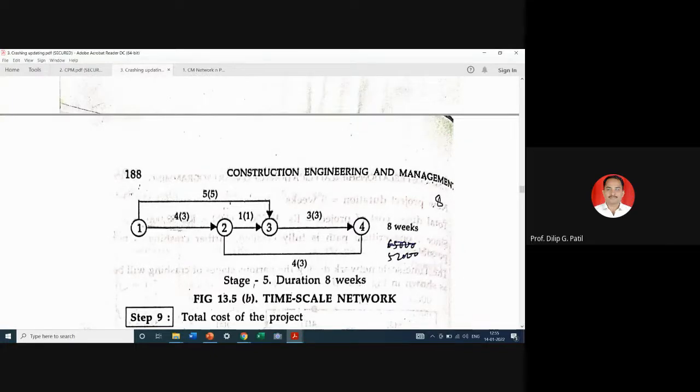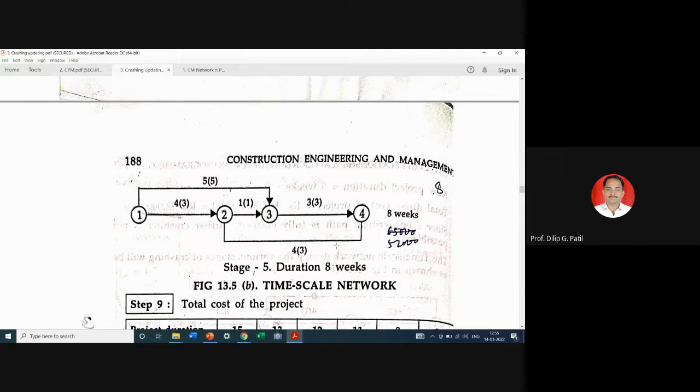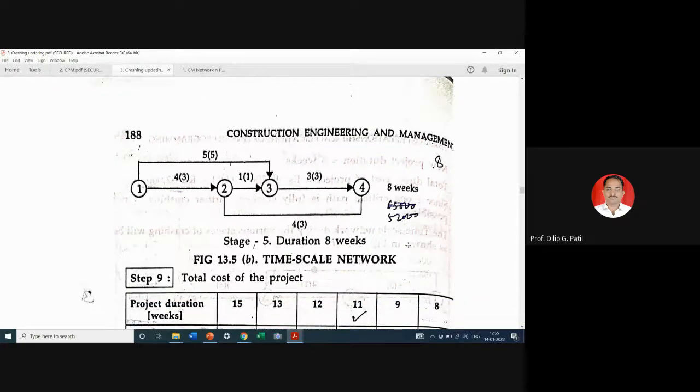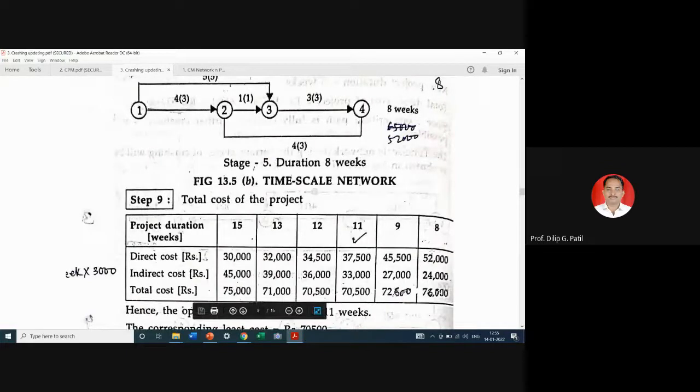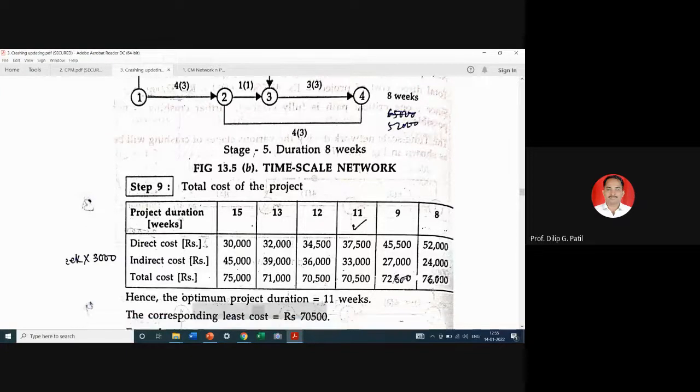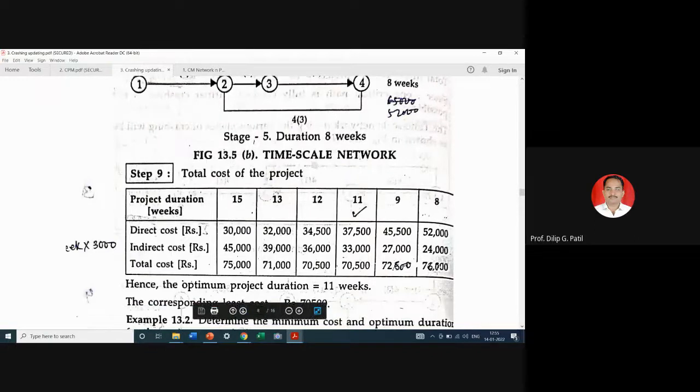So whole critical path is now at least, म्हणजे कुठेही आता आपण क्रॅश करू शकत नाही बघायच्या पुढे, त्यामुळे तुम्ही आता इथे थांबू शकता. इथलं 8 वीक झालेलं आहे, 52,000 आलेलं आहे. 52,000, and for 8 weeks indirect cost will be 8 into 3,000, that is 24,000. So this addition is 76,000.